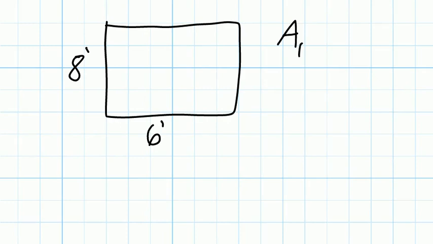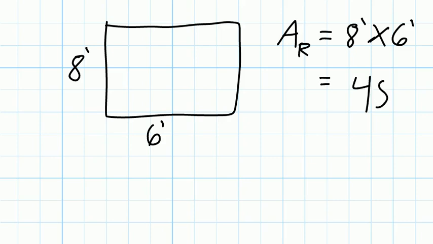So the area of a rectangle, this would be 8 feet times 6 feet. Multiply 8 times 6, and that gives you 48 feet. And remember, it needs to be squared.